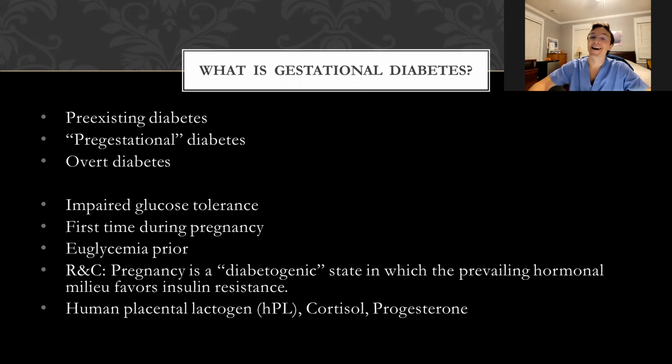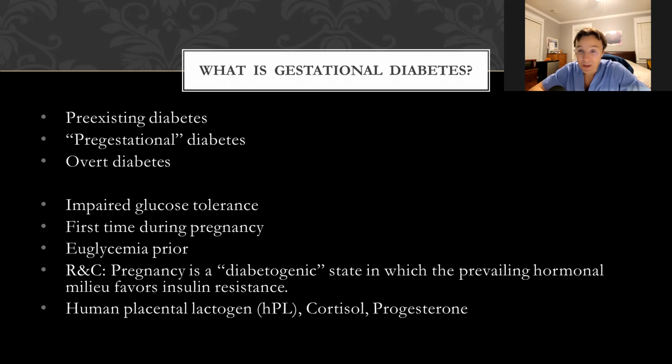All right. Well, when we're talking about gestational diabetes, we're talking about impaired glucose tolerance. And there is not much difference when you're starting the statement like that, when you compare it to regular diabetes mellitus.